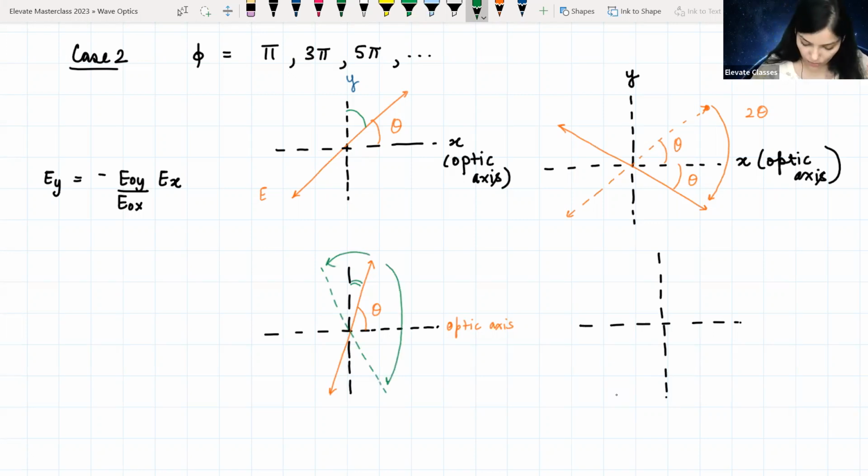So you have to always rotate it with respect to the optic axis, and this is wrong. So what we have to do is rotate it like this. Whatever this theta was, I have to take the same theta here with respect to this. So that will be like this. It does not look like that, though.